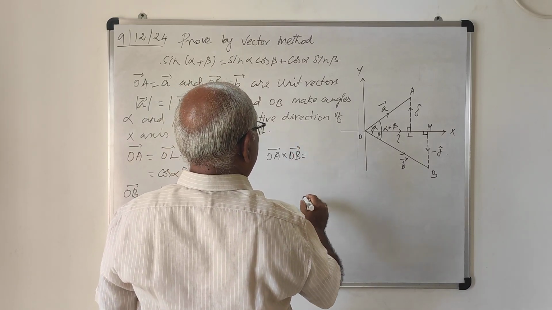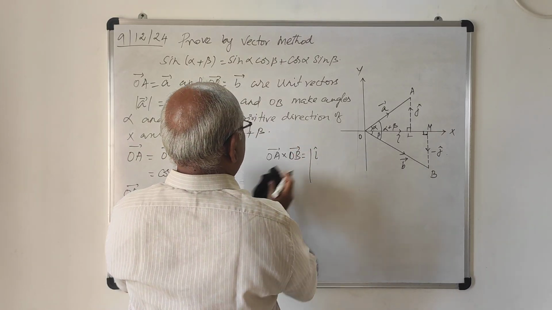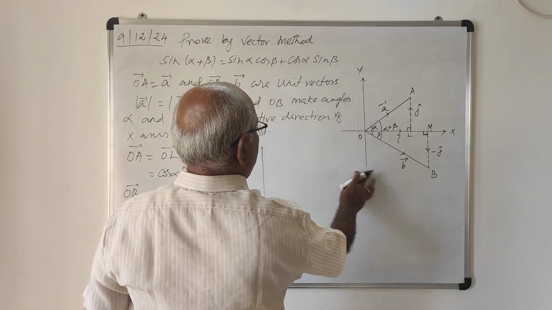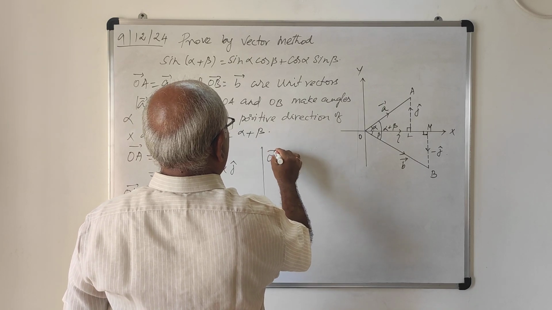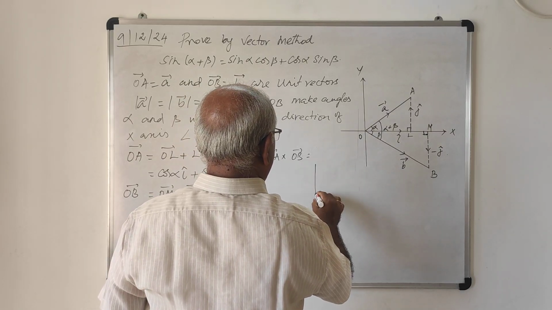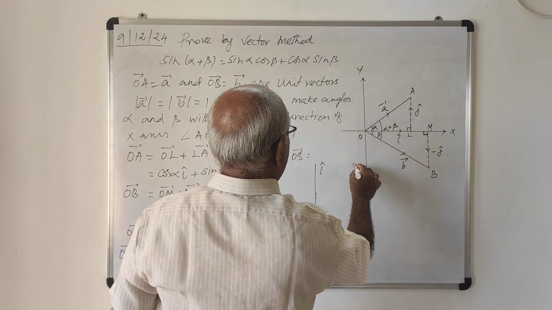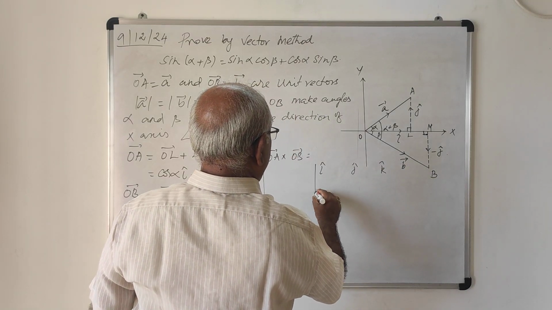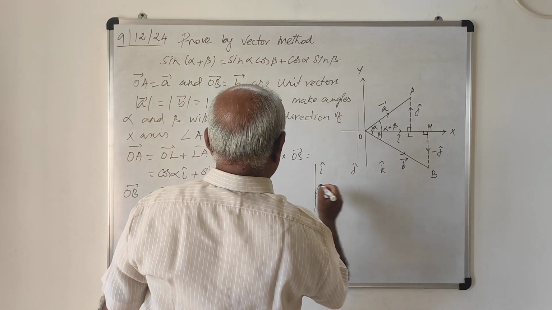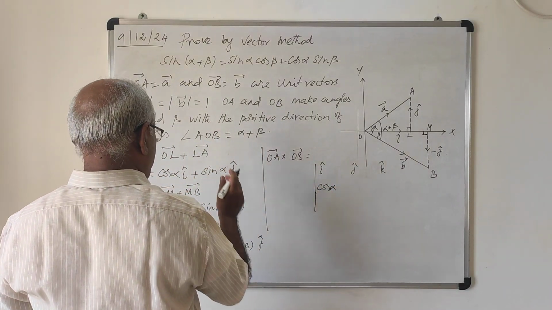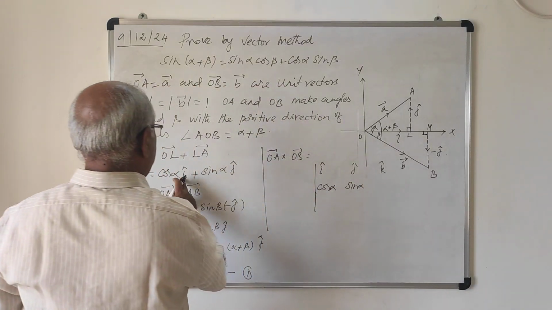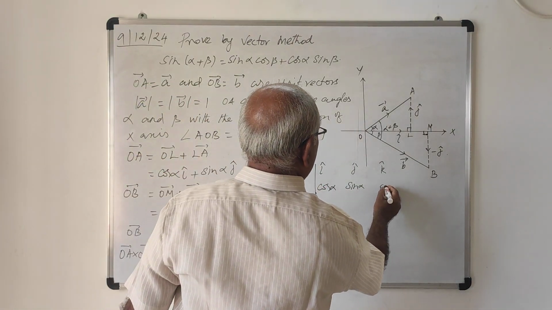Similarly, by determinant form, OA cross OB equals the determinant of I, J, K. OA is cos alpha into I plus sin alpha into J, no K, so 0.